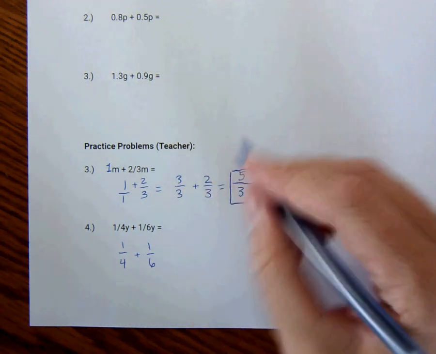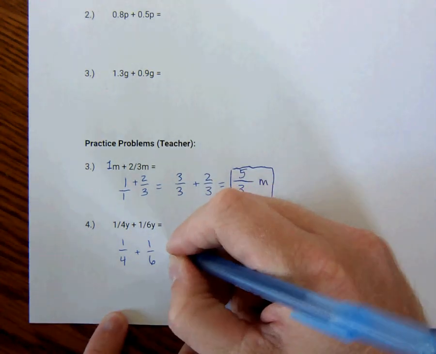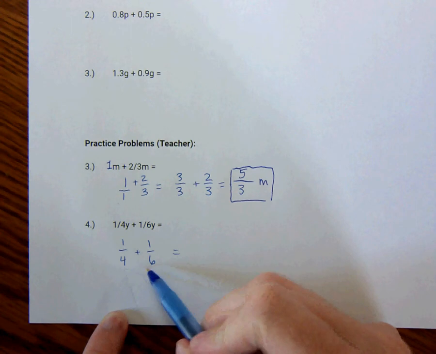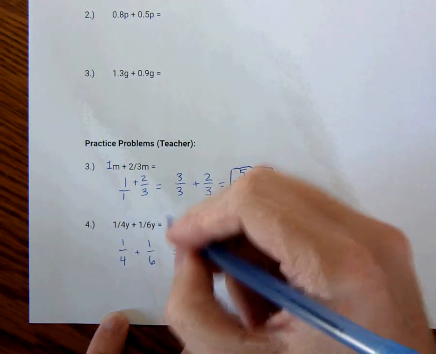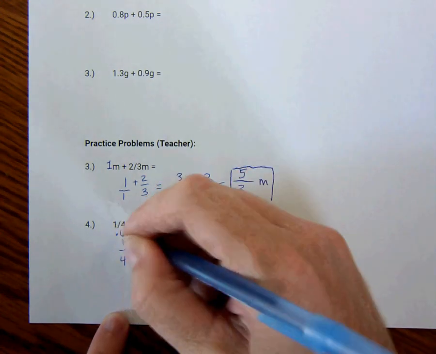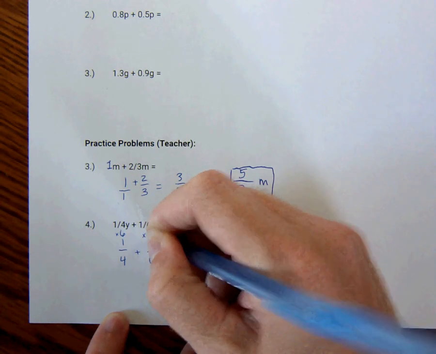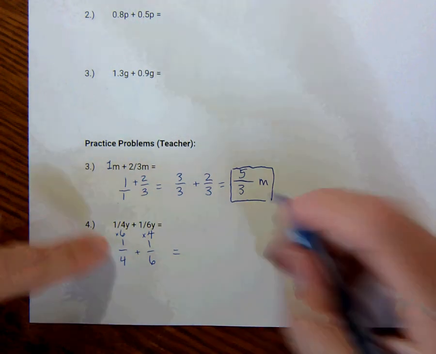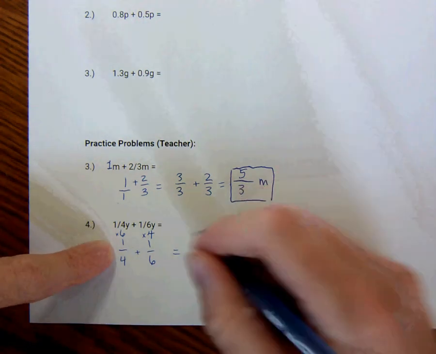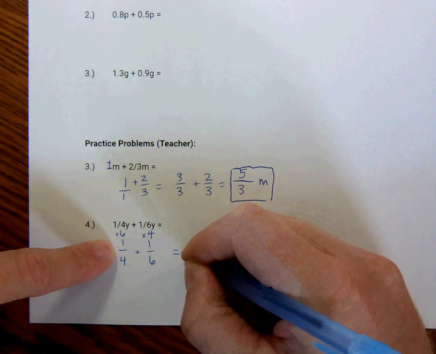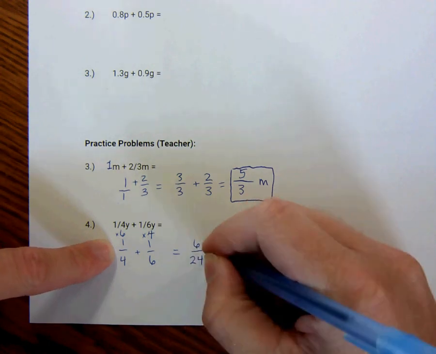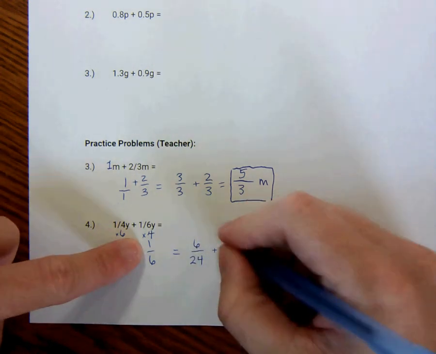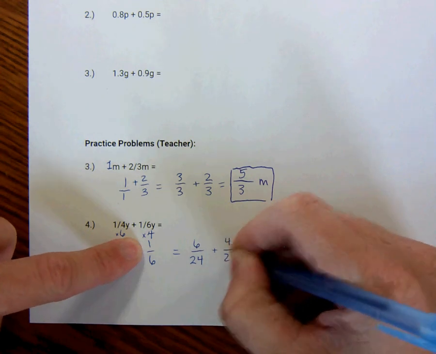So we can do this by saying, all right, find a common denominator. Well, the easiest way to find a common denominator is just multiply by the opposite denominator. But if you do that, make sure that you look to see if things simplify afterwards, and I'll show you what I mean. So if I multiply both of these numbers by 6, I get 6 over 24. Plus, both these numbers by 4, I get 4 over 24.